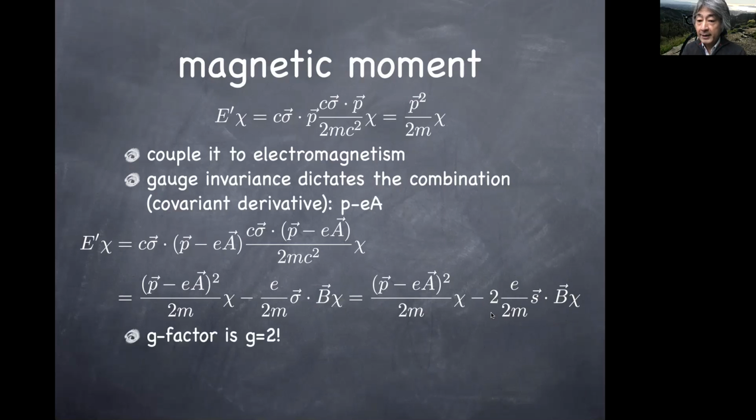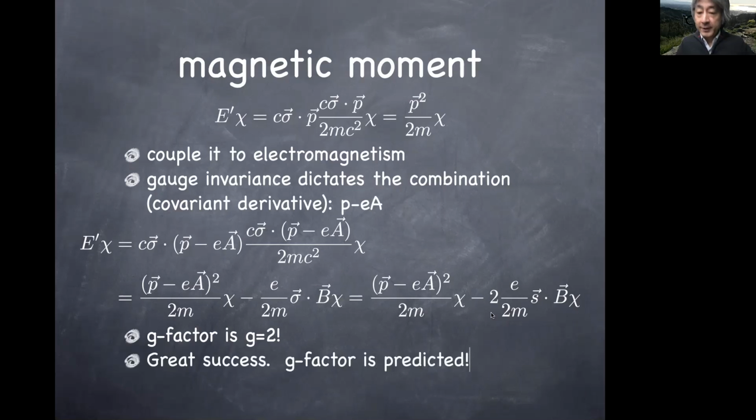So you learn the g factor has to be 2. In quantum mechanics class, you have learned that the g factor is experimentally 2. But now we know the g factor has to be 2. It's predicted now. And this is yet another thing: what used to be arbitrary in non-relativistic quantum mechanics is no longer arbitrary and is predicted once you go to relativistic theory.